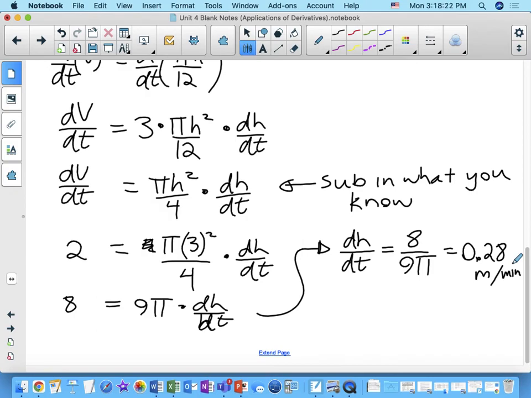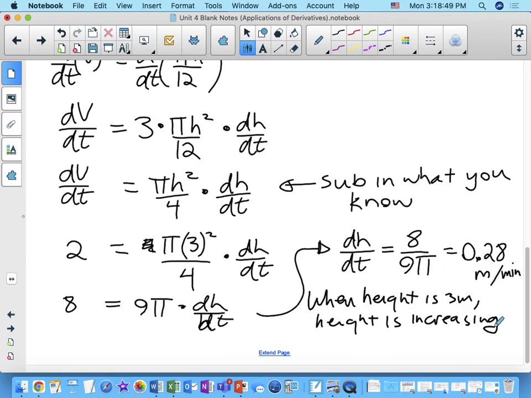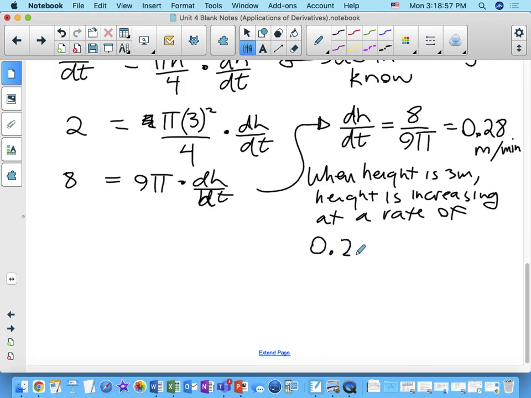Okay, so we could say that when the height is at 3 meters, the height is changing at a rate of 0.28 meters per minute. Our height is increasing, I could say, at a rate of 0.28 meters per minute.